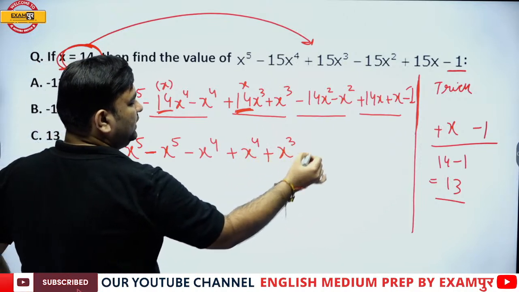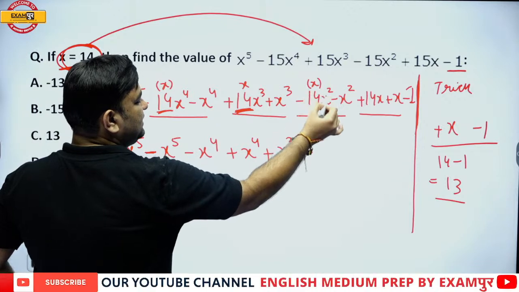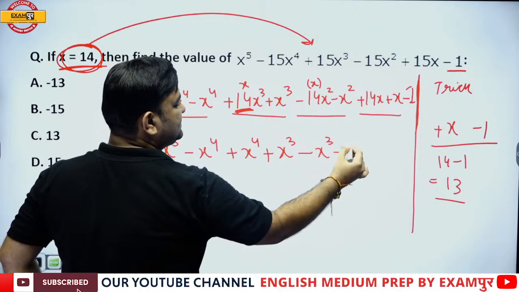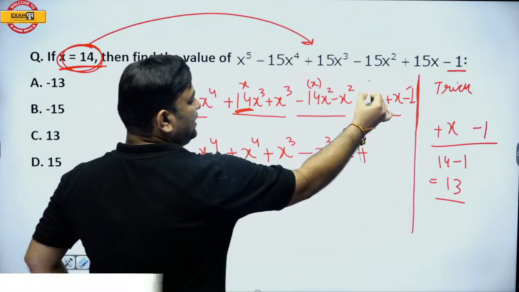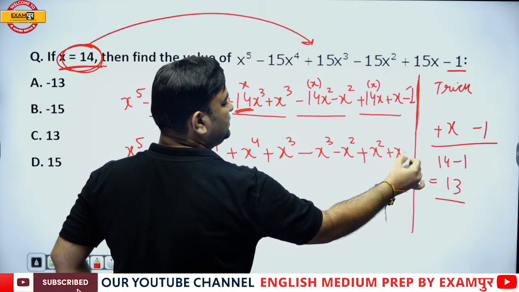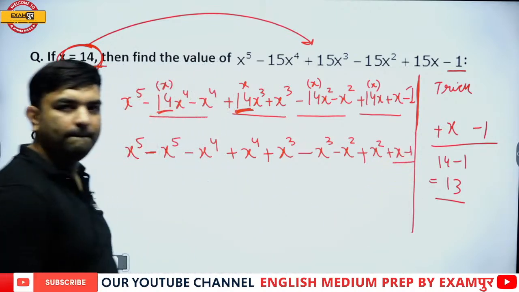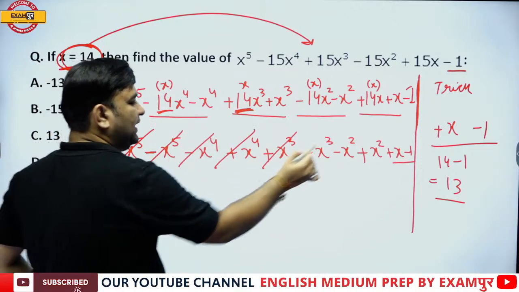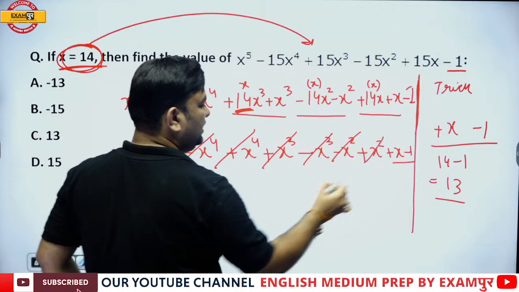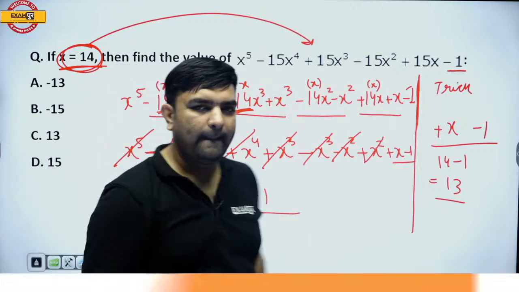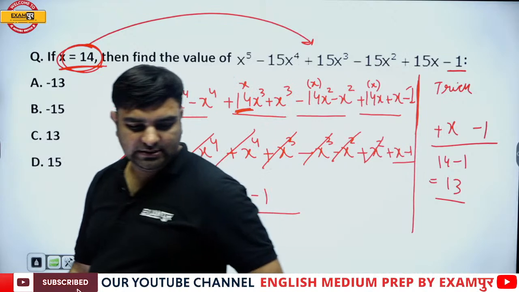This 14 can be written as x, so x square into x cube minus x square, plus x square plus x minus 1. This will get cancelled out, this will get cancelled out, and ultimately, the answer is x minus 1.